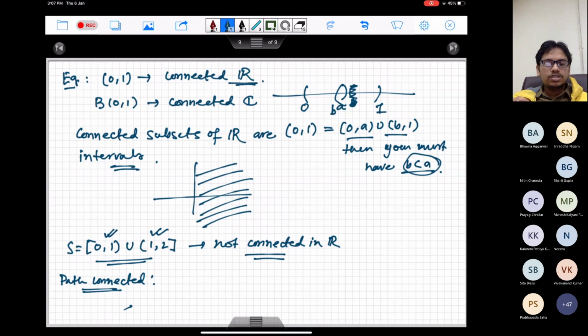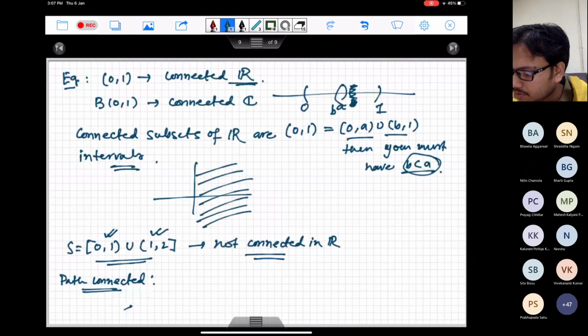In other words, the line joining A and B is there. Now the line joining A and B, you have seen the formula. There is a way to express the equation of the line joining A and B, and it turns out that equation is just a linear function, and a linear function is a continuous map.